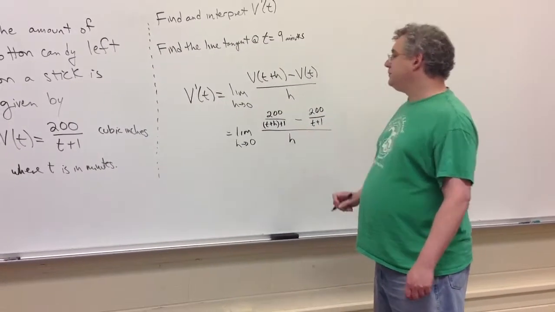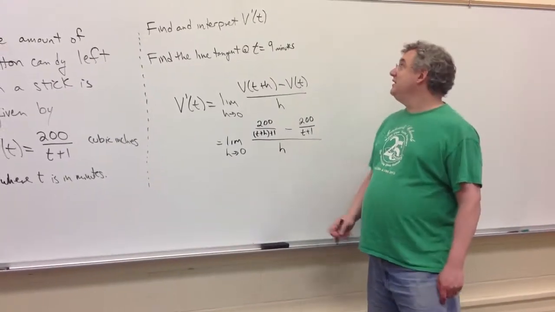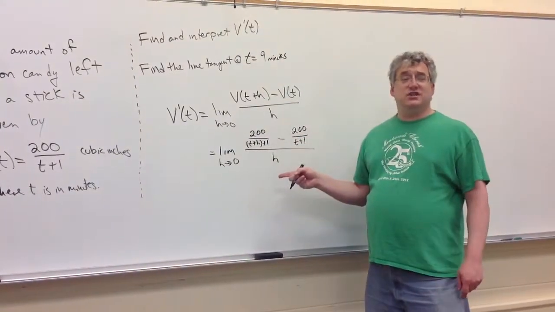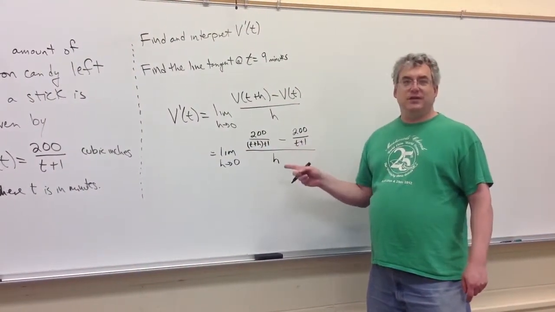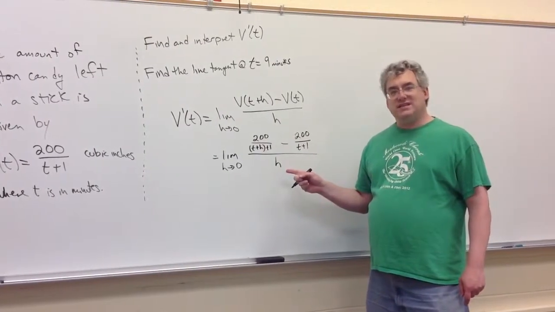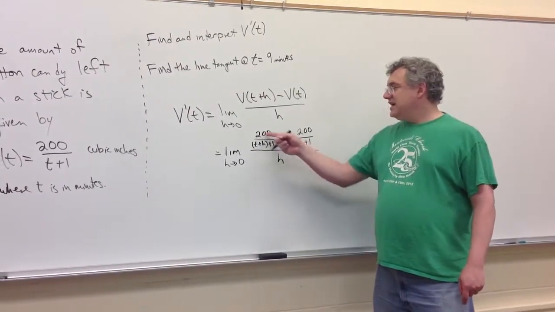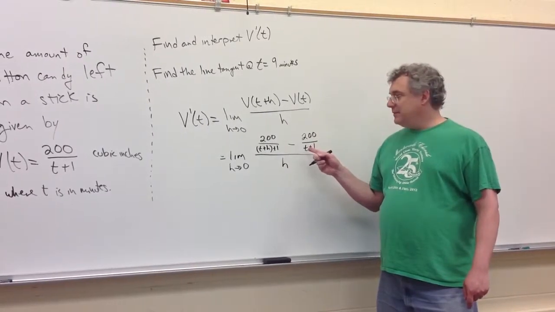all over h. Now if you look at that, you say, that's fractions within fractions. Fractions within fractions is not very pleasant. So we have to fix that. First thing we're going to do, though, is take these two fractions and get a common denominator.